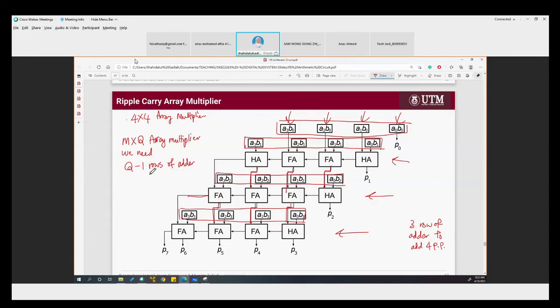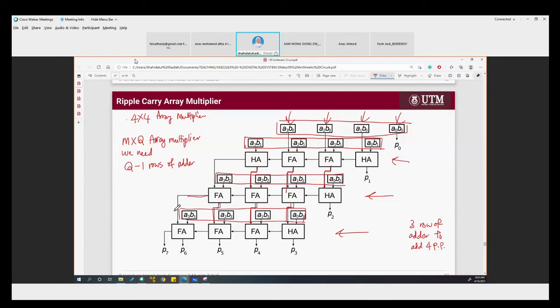Basically, we need q minus 1 rows of adder, unless the design of the multiplier is different, where we are not using the ripple carry adder.